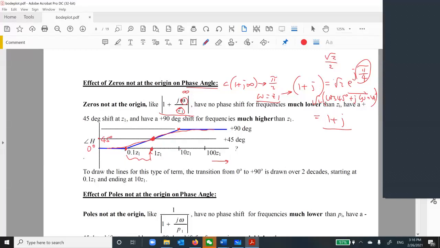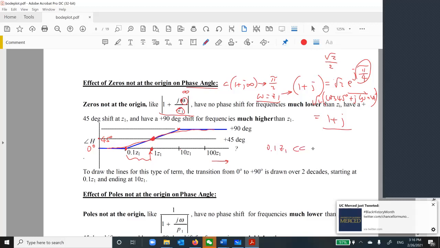You need to shift left for 1 decade, to 0.1 z1, and right to 10 times z1. It is true that 0.1 z1 is less than z1, and 10 z1 is greater than z1.